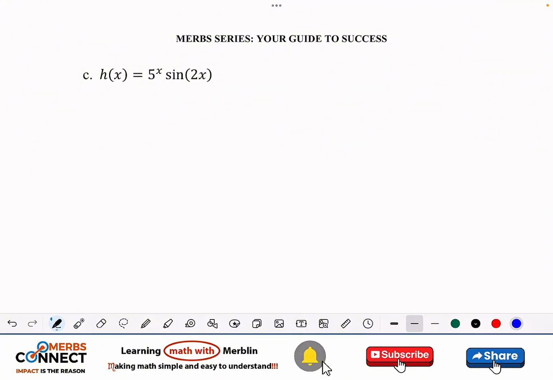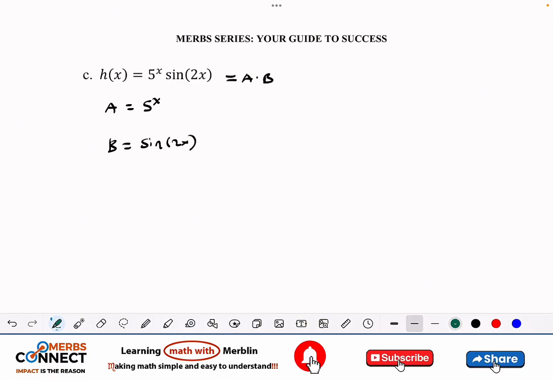All right, so this is a product rule. We know that. So let's pick our a times b. So let's assume that a is equal to 5 to the power x, right? And let's assume that b is equal to sine 2x. So we know that for a prime, we need to use the constant base rule to solve.